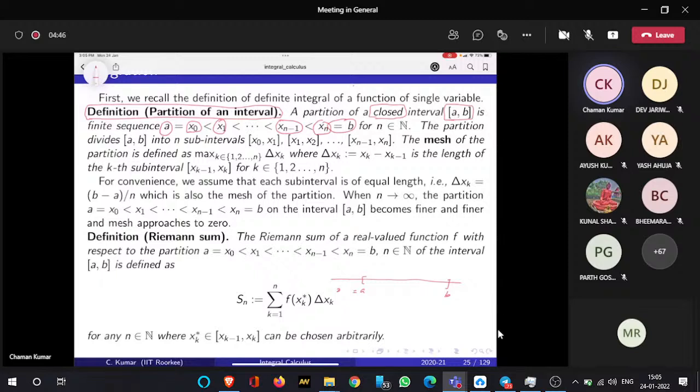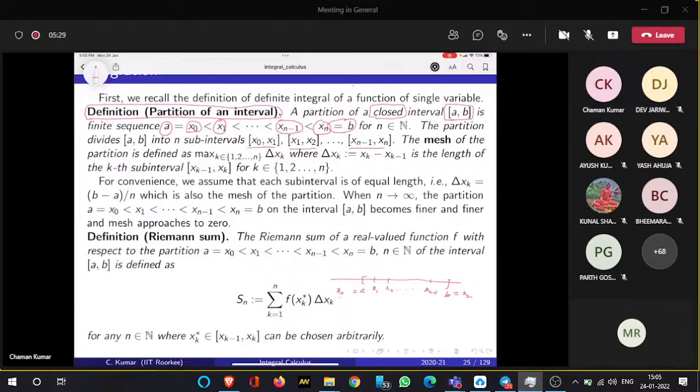Okay, so with this partition we have subintervals. The first subinterval will be x naught to x1. The second subinterval will be x1 to x2, and the nth subinterval will be xn minus 1 to xn. The mesh of the partition is defined as the maximum length of the subintervals.